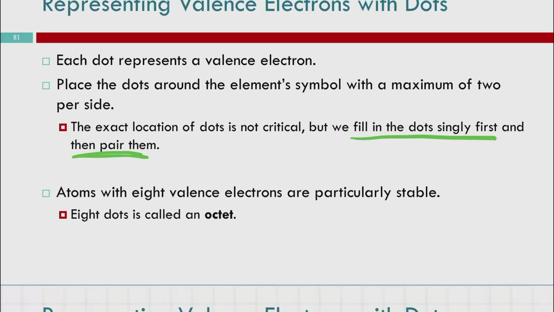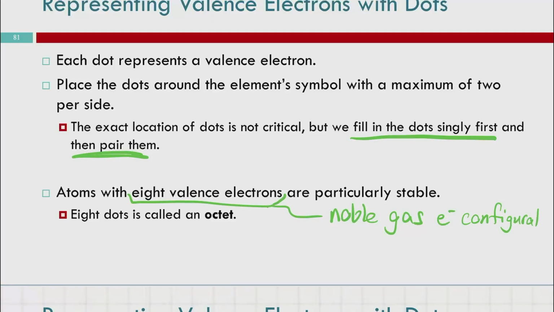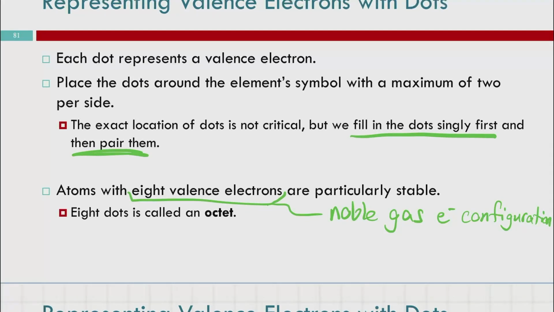If we have atoms with 8 valence electrons, those are especially stable. 8 valence electrons is that noble gas electron configuration that we were looking at last class. And when we're doing Lewis dot structures, 8 dots is an octet.